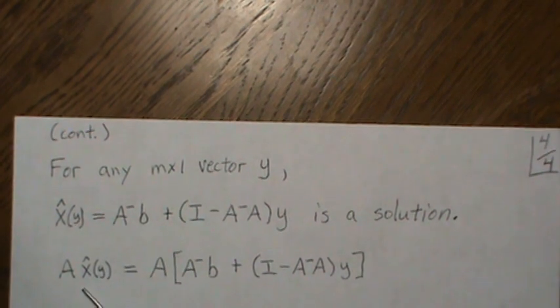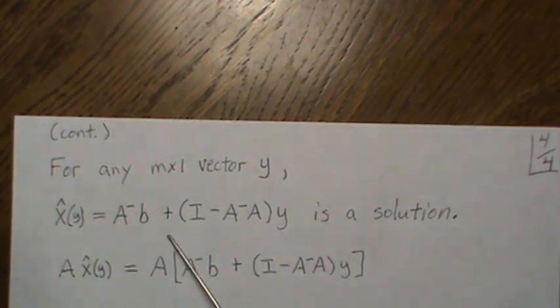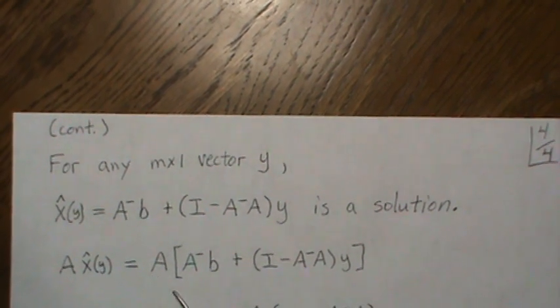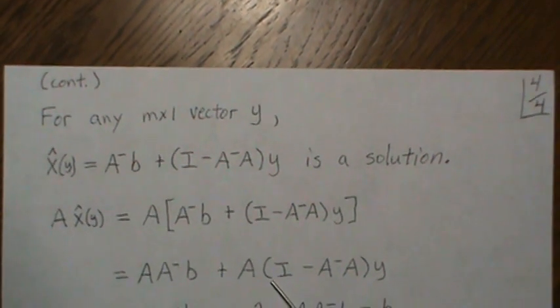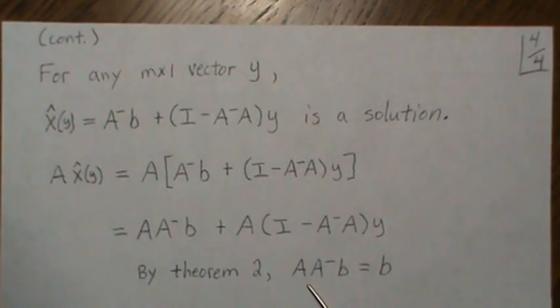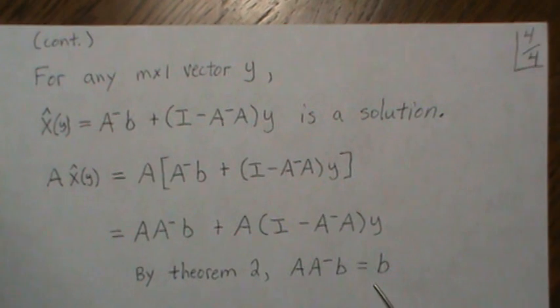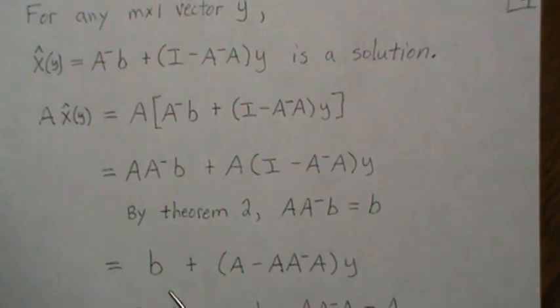So now let's check it. Let's take A x hat, and then we substitute this in for x hat. We get this. Then we distribute the A, and we get this. Since the system is consistent, we know this property holds. So then we substitute B for this, and it comes down.